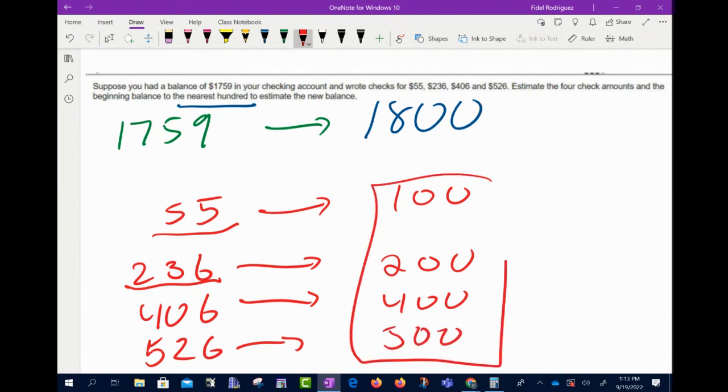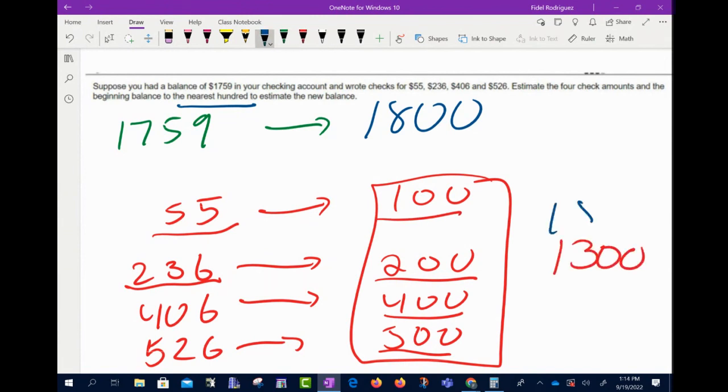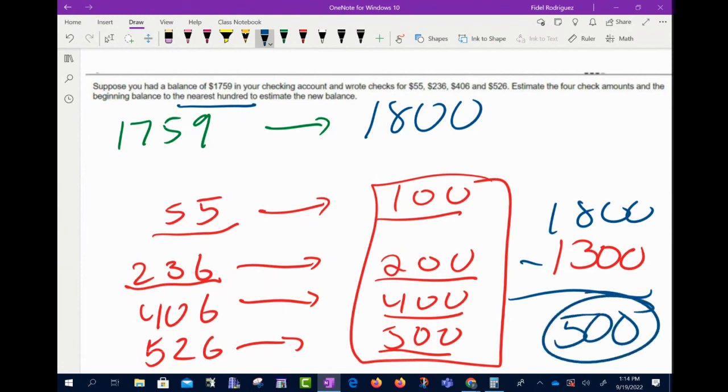Okay, since we're subtracting here, let's add up all those because these are all like my bills, right? So look, if I got 500 and 400, that's 9. 9 and 2 more is 11. 11 and 1 more is what, 13? Okay, and now we subtract. 1800 minus 300 should be how much? 500, right?